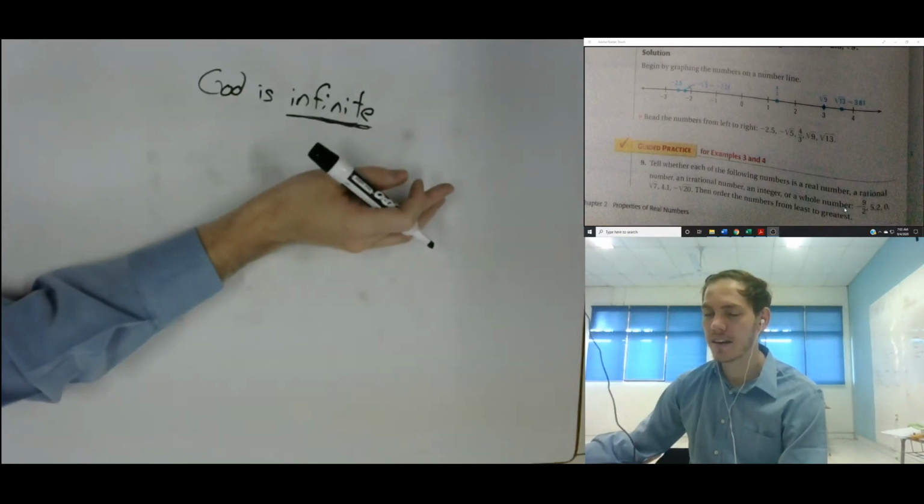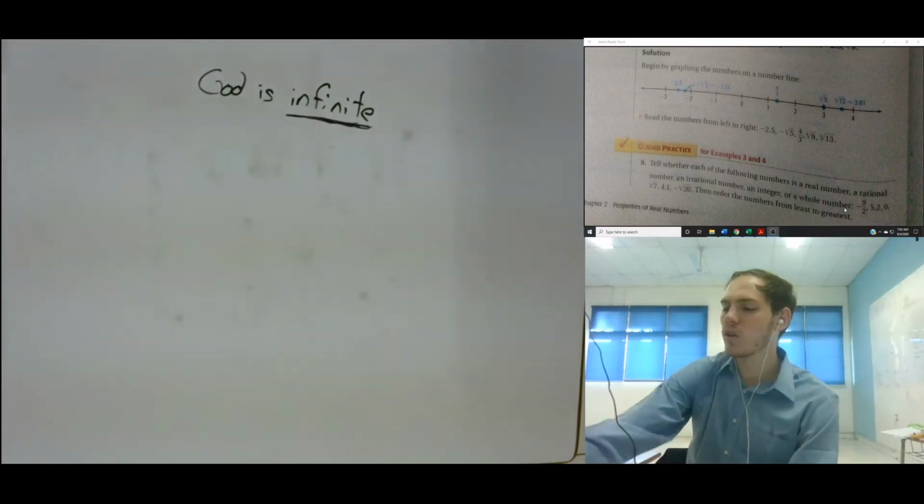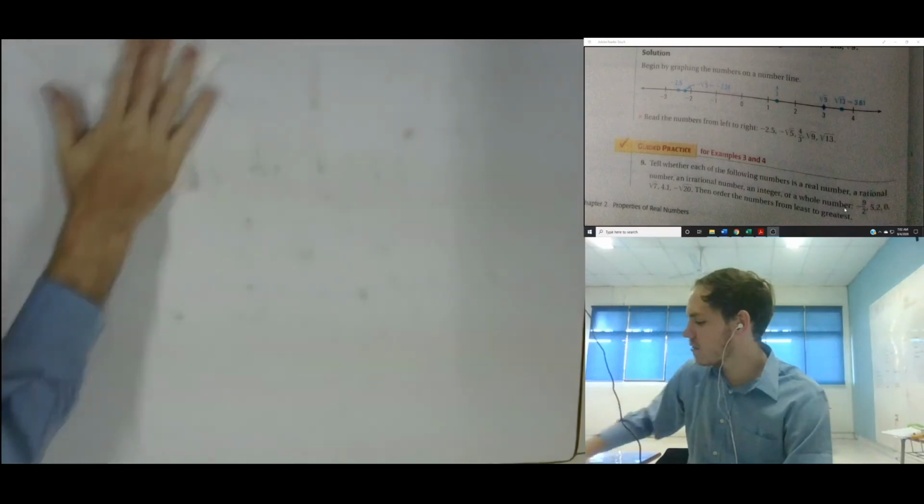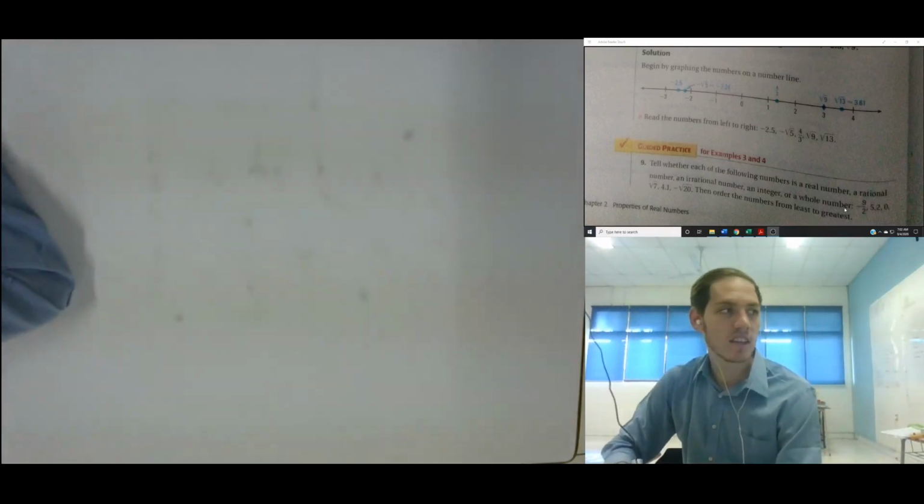Sin is then covered. So this quality is fascinating to me, and it relates to more than just that. There's so many fields of math this quality of infinity relates to. But in Algebra 1, how far can we go with that? But yeah, so just consider, as you do these number lines, realize that between that 0 and that 1, there is an infinite amount of numbers, which we can't possibly fathom.